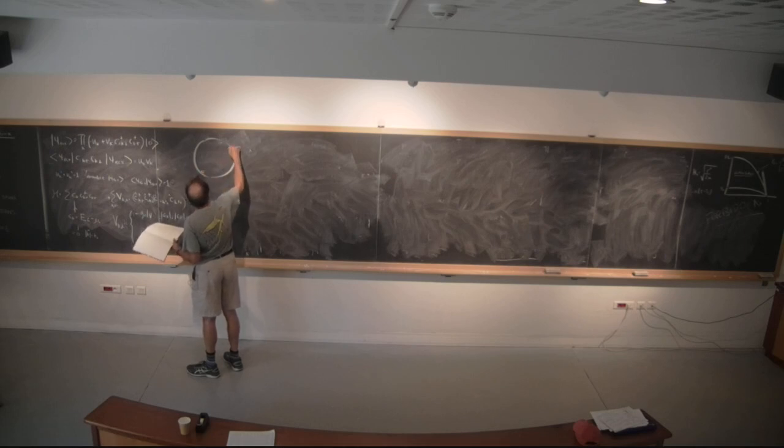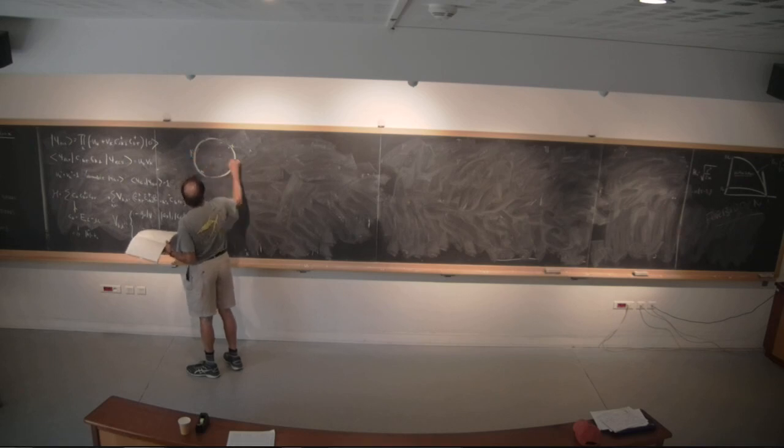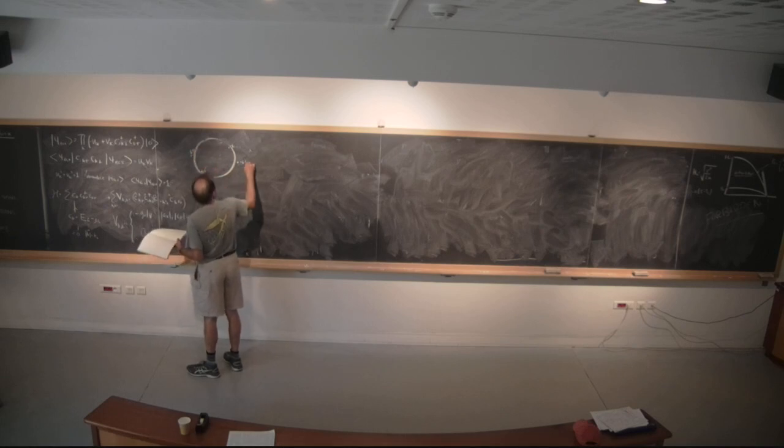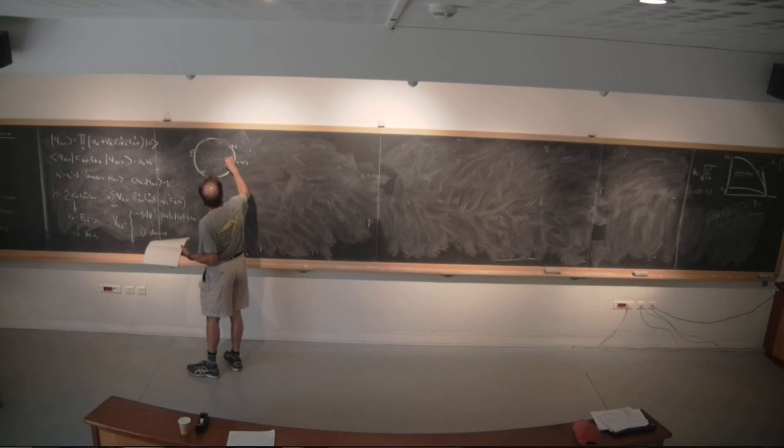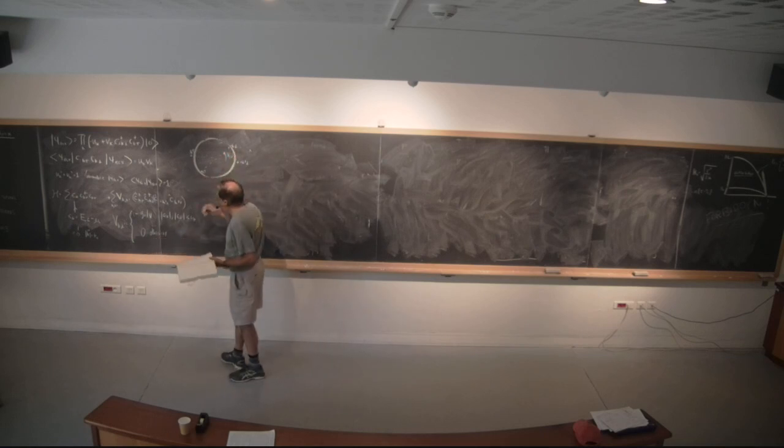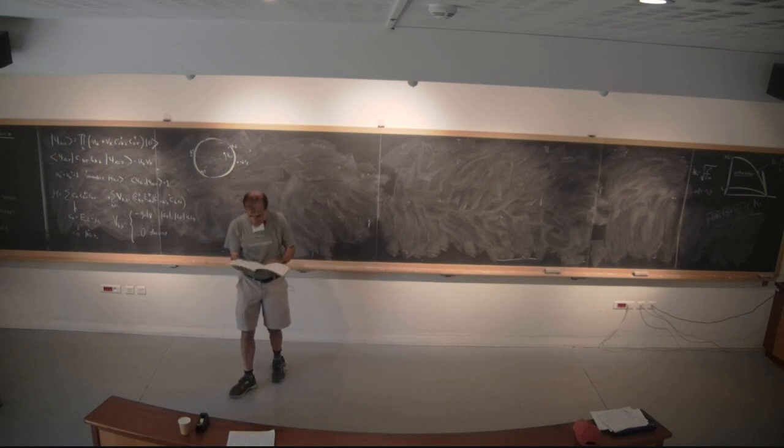Here's k and k prime, k and minus k being scattered from k prime and minus k prime. And this is the scattering amplitude, this is an S-wave interaction.